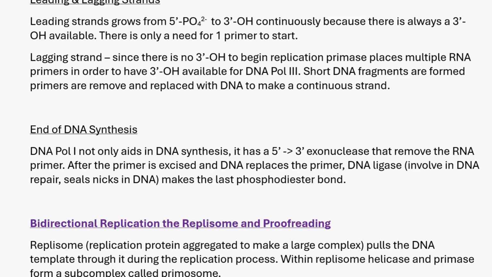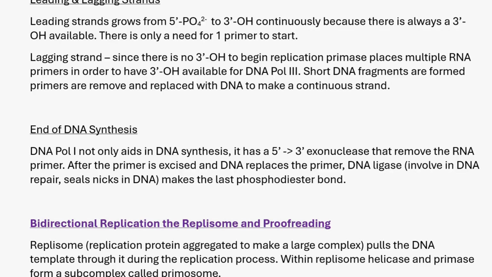The completion of DNA synthesis involves the removal of RNA primers and the joining of DNA fragments. DNA polymerase 1 removes the RNA primers using its 5' to 3' exonuclease activity and replaces them with DNA.